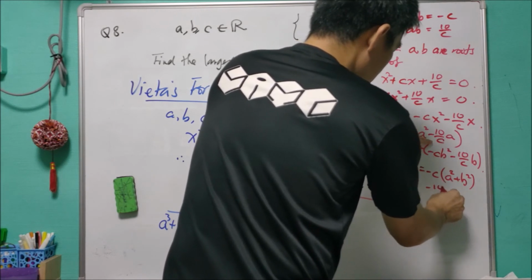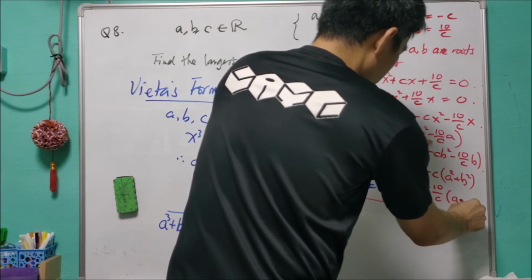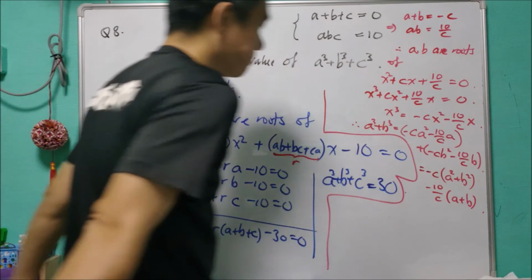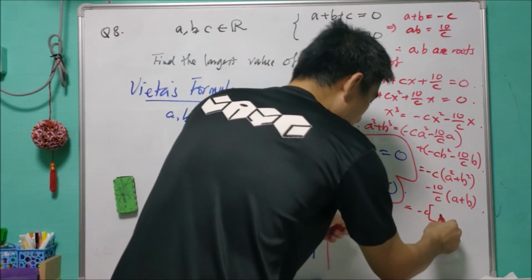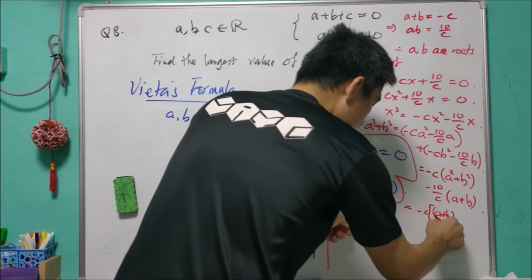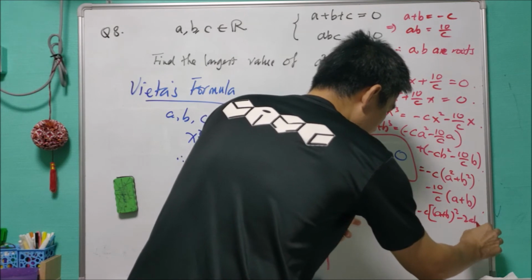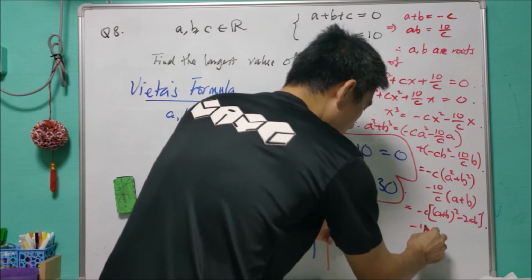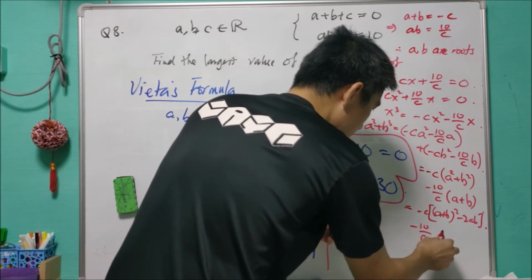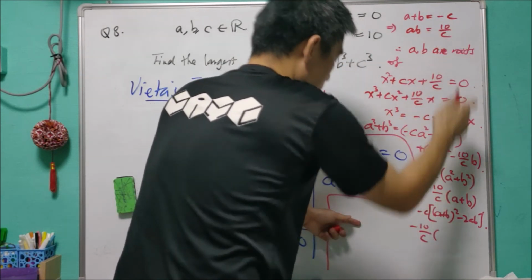Negative 10 over C times (A plus B) also can be combined. A squared plus B squared is actually (A plus B) squared minus 2AB, and negative 10 over C, A plus B is equal to negative C.